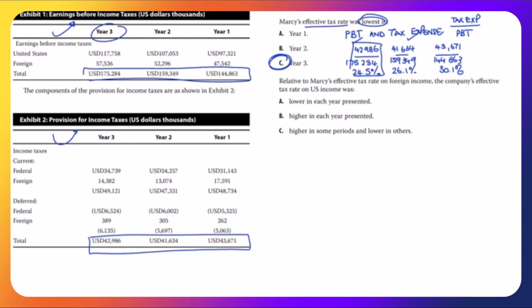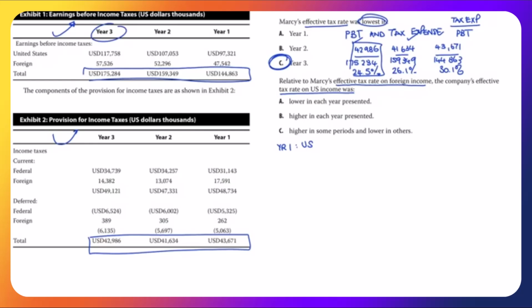Relative to Marcy's effective tax rate on foreign income, so we need to do the effective tax rate on foreign, the company's effective tax rate on US income was lower in each year, higher in each year, or higher in some and lower in others. So that's a world of calculations. Well, let's just make sure we're getting the right figures. Let's just see year 1 to begin with. For the US, we'd have to pick out for the numerator the US tax, the federal, as it's labeled here.